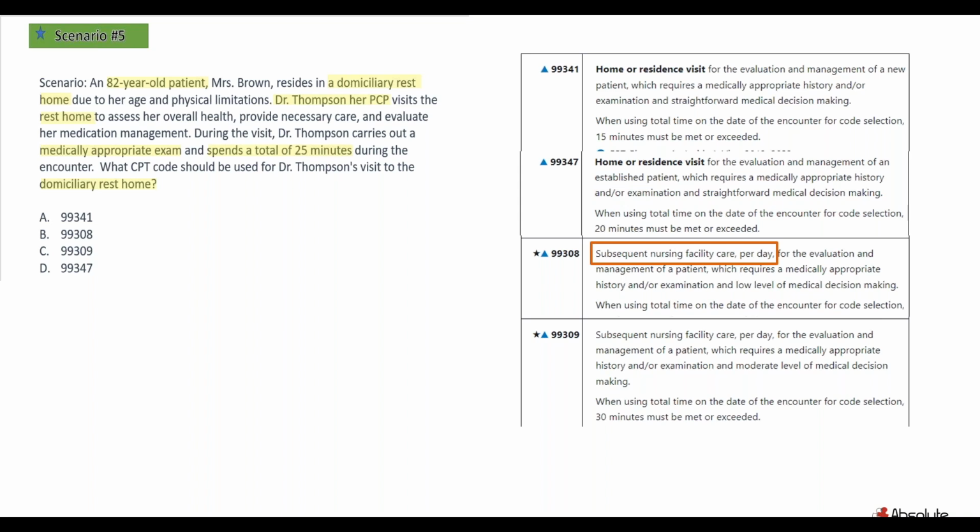And this is how we eliminate the wrong answers for this scenario. Looking at option B and option C, which are coding for subsequent nursing facility care per day codes. Is this skilled nursing facility care or nursing facility care services provided in our scenario?